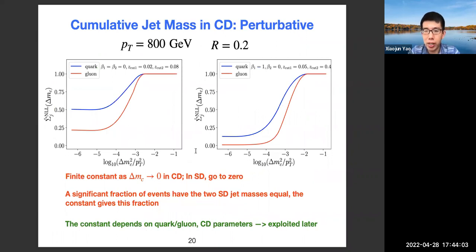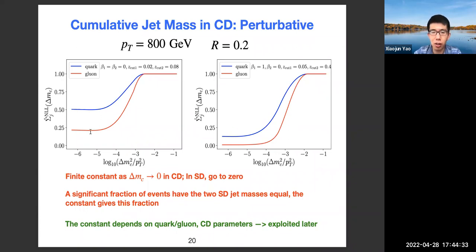And here we already see some interesting features of this jet mass in collinear drop. So for example, here we consider an 800 GeV jet with R equals 0.2. And this is a collinear drop jet mass distribution for quark and gluon-initiated jets. And we choose these parameters for the collinear drop parameters. And you see in this case, as we go to smaller jet mass regions, the cumulative distribution becomes flat.